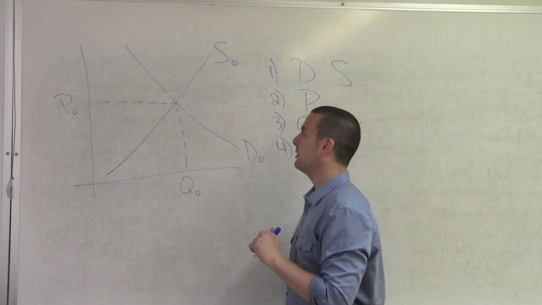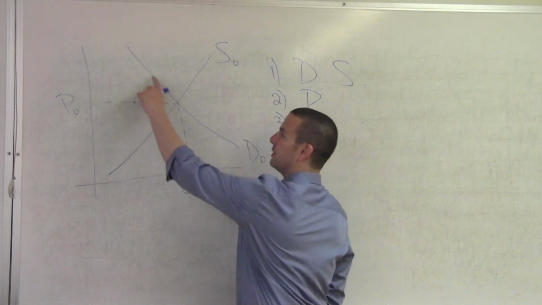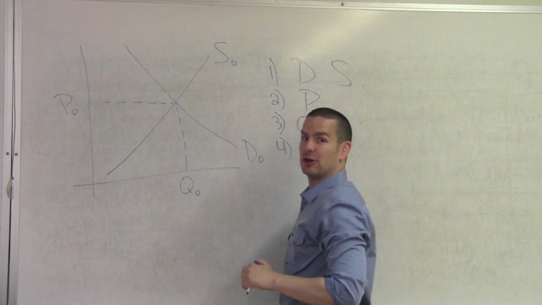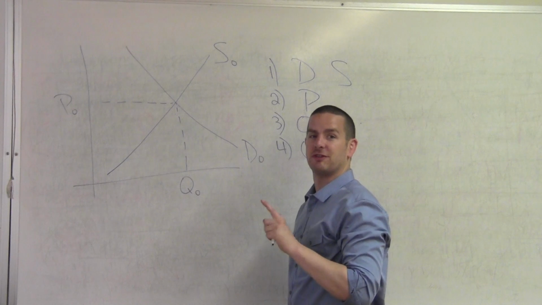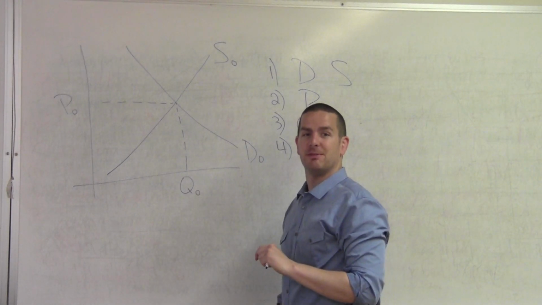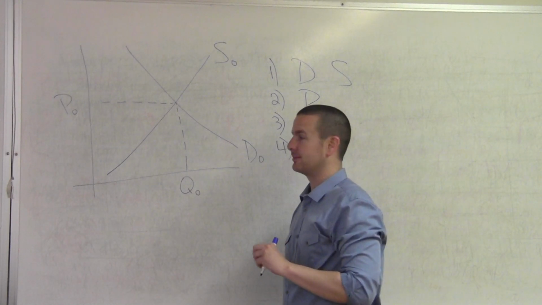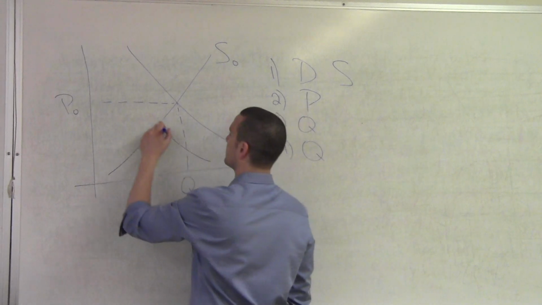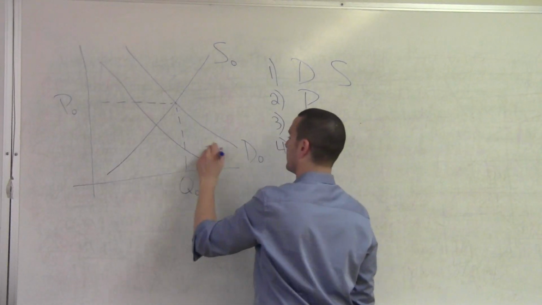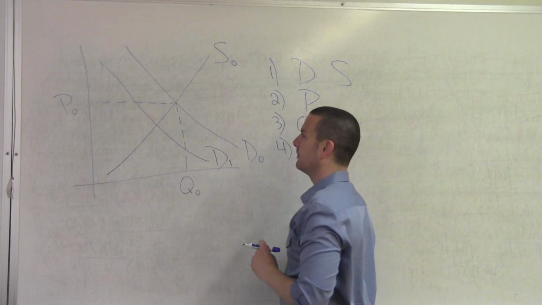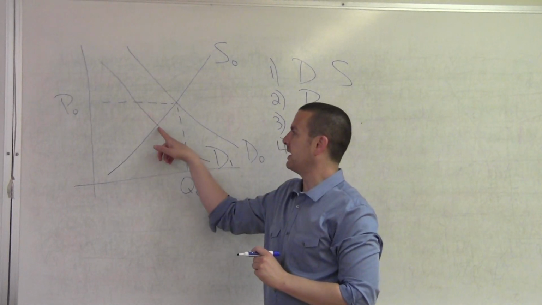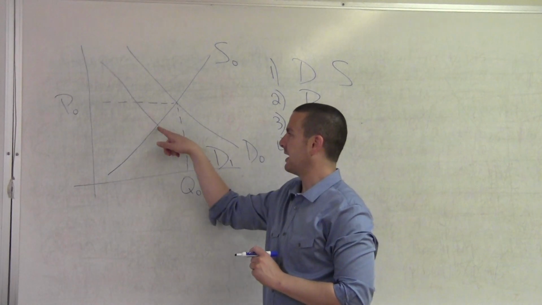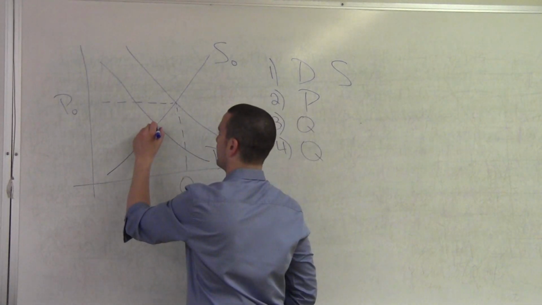Okay? So this was our original demand curve. That's our original demand curve. Now, we're going to have to shift it to the left because demand has gone down. Okay? We have a new demand curve right here, and it intersects the supply curve at this equilibrium.